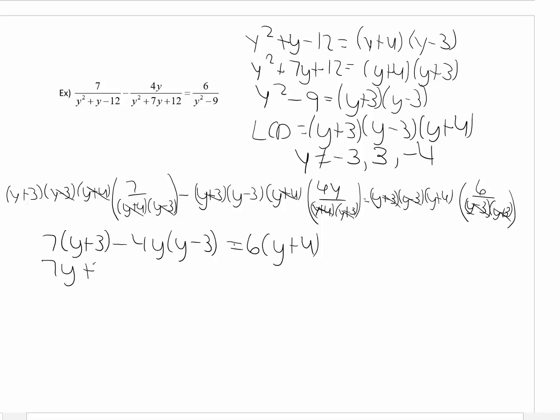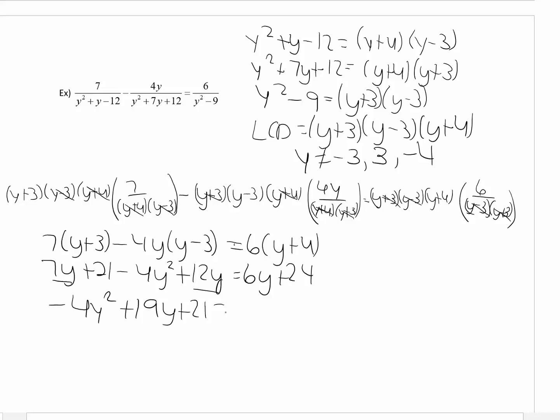Distribute. Combine like terms. Now, I'm going to move everything over to the right-hand side, so I'll start by putting the 4y squared over.